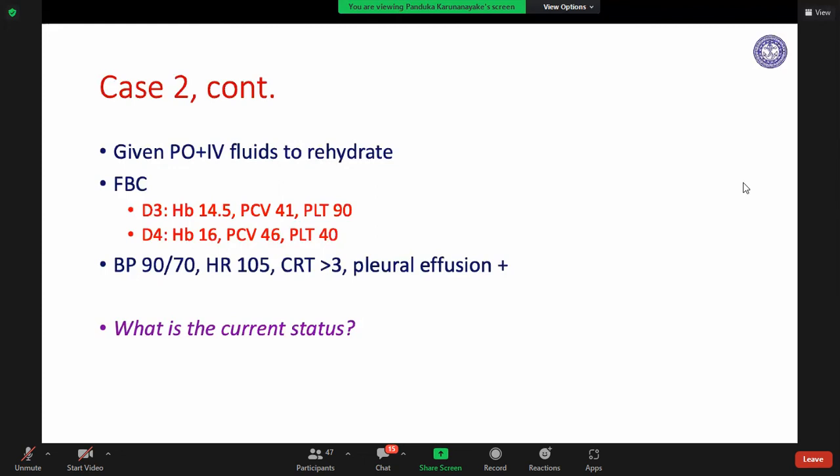So when you see a patient in the febrile phase with any dehydration, correct it as quickly as possible. You might remember that when I was showing you the previous slide, I told you we will correct this patient by giving oral fluids or IV fluids. You might want to give IV fluids to correct it quickly before the critical phase. That's what I meant. I don't want to waste time correcting the dehydration.